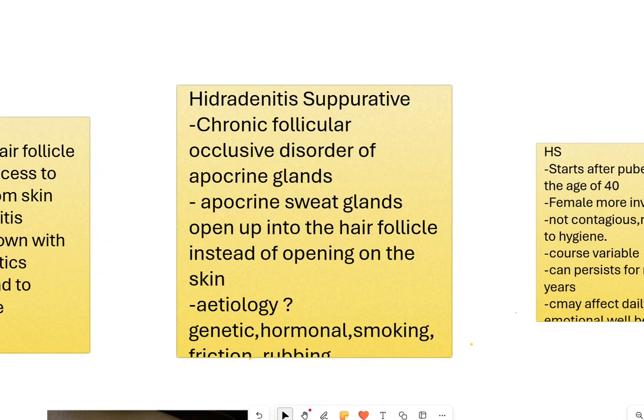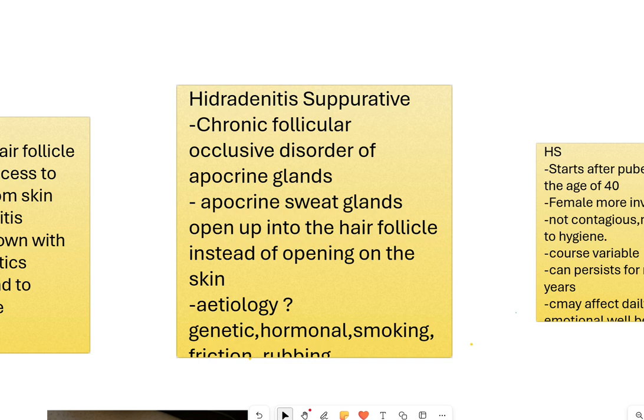We do not know the etiology of this, but mostly it may be related to genetics, it may be related to hormones, may be related to smoking, and usually there is friction and rubbing between two surfaces, usually armpits and groin. Armpit is the commonest site for HS.